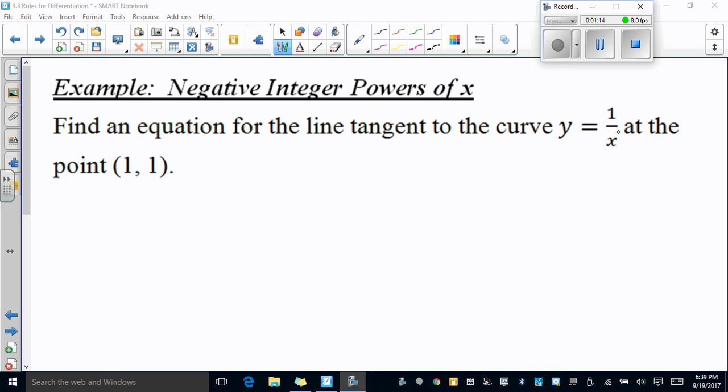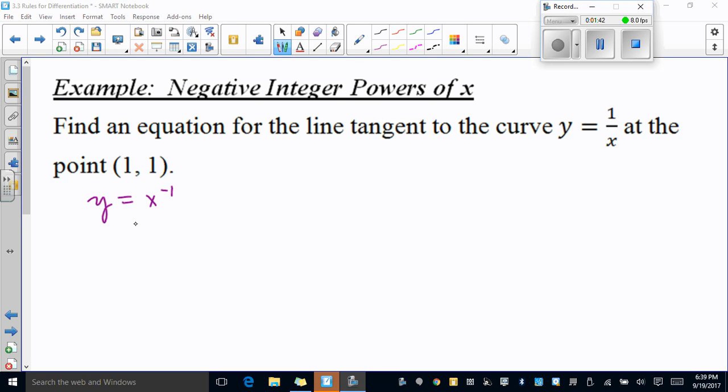You can use the quotient rule here if you want, but there's a much simpler way. We're going to just simply rewrite this as y equals x to the negative 1 power. The negative 1 power tells me that the x belongs in the denominator, not in the numerator. But for derivative purposes, it's much easier to do the power rule than the quotient rule.